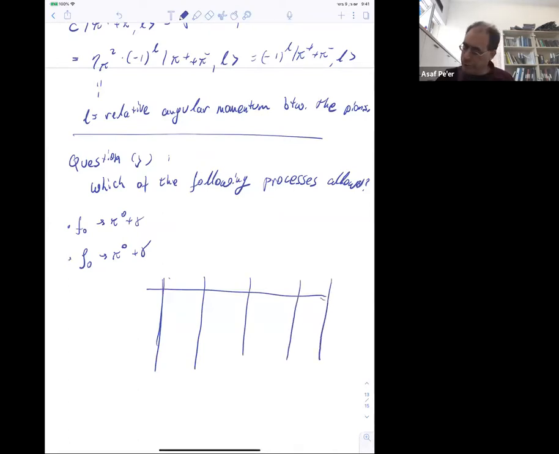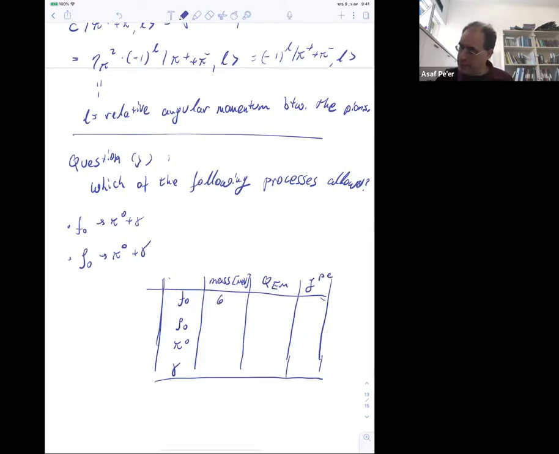So we have four particles here: F, rho, pion, and gamma. We have the mass, in units of MeV, the charge, and JPC.